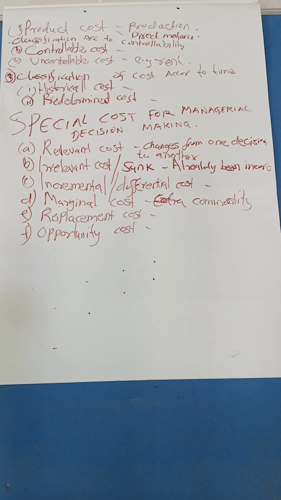You can say it is the sacrifice involved in accepting the alternative under consideration. We had this, but there is another alternative that has been put on the table, so we have to forego one and go for the other one. That is called opportunity cost.